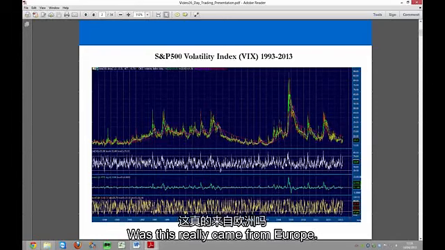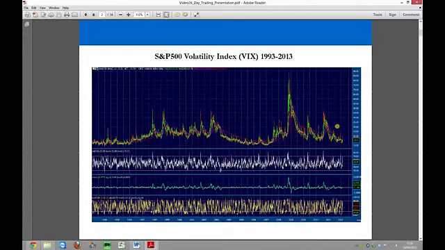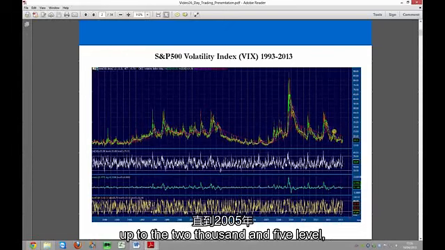2012, this really came from Europe. So we saw the moves in Spanish and Italian bond yields, where there was a significant increase in sovereign debt risk in the Eurozone. And we saw volatility jump from low to mid-teens up to the 25 level.